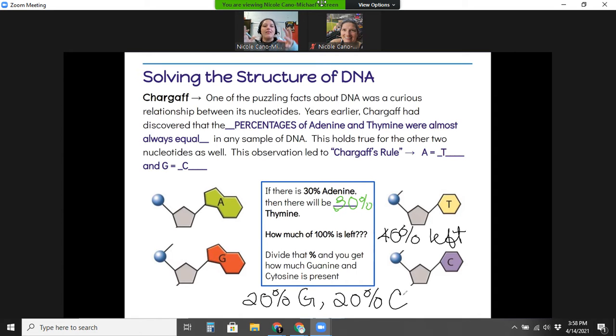So again, Chargaff's rule, saying that adenine and thymine are always the same percentage, guanine and cytosine are always the same percentage, will allow me to make predictions regarding the components of my DNA, how many of each nucleotide are present.